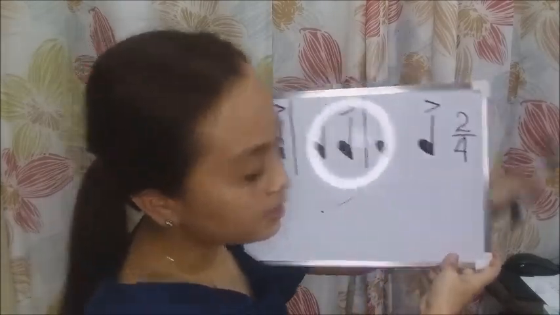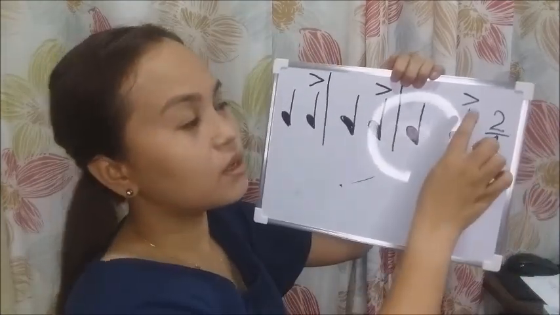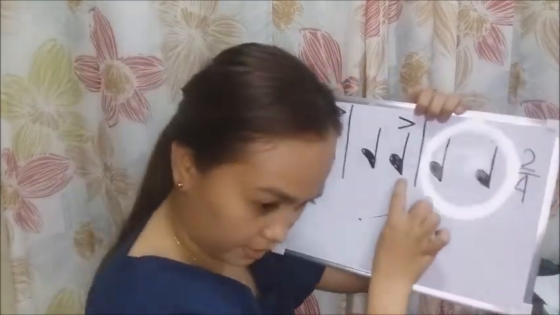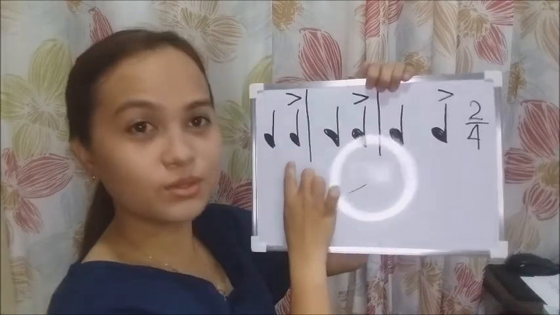Okay, let's try. 1 2 1 2. When you have a drum class, you can easily identify where the accented beats are located. You can do tapping the strong beat with a great force. It's like this. Two, two, two.